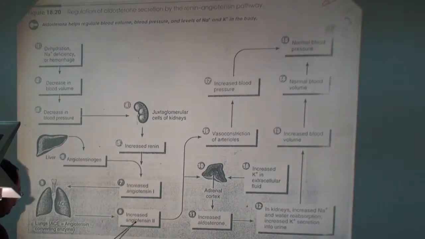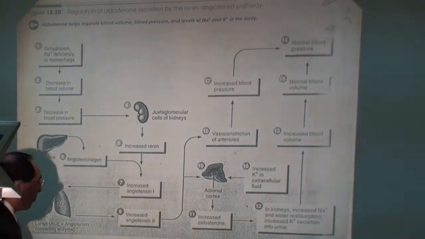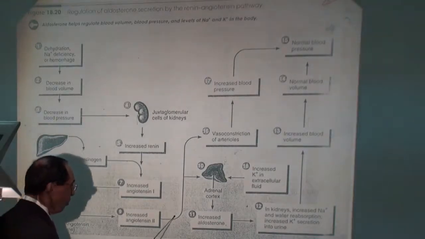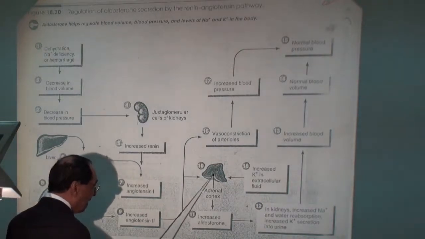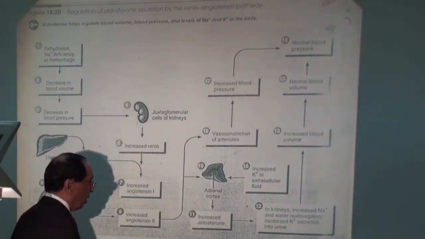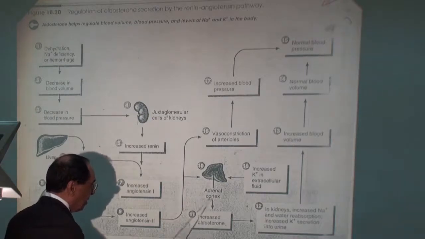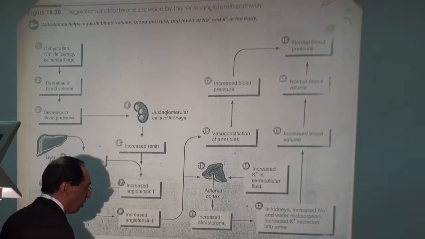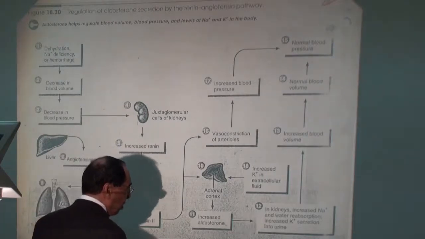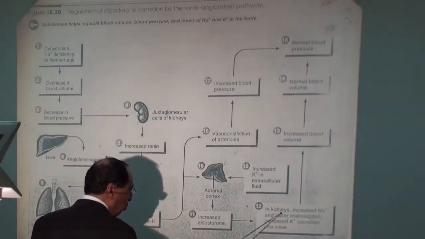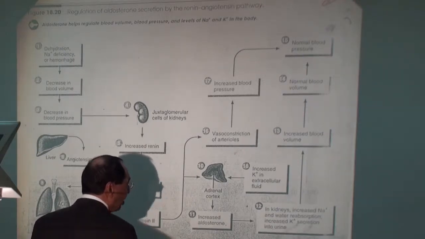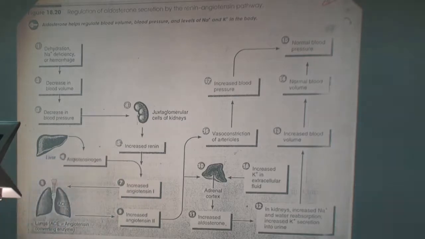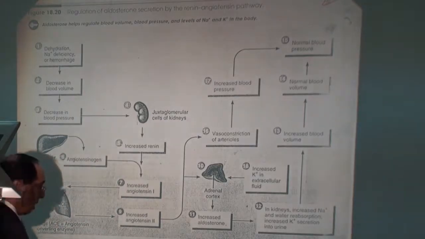Then angiotensin 1 produces angiotensin 2 under the effect of enzymes from the lungs. Angiotensin 2 stimulates the adrenal cortex to increase the secretion of aldosterone. Aldosterone affects the kidneys to increase sodium and water reabsorption and increase potassium secretion in the urine.